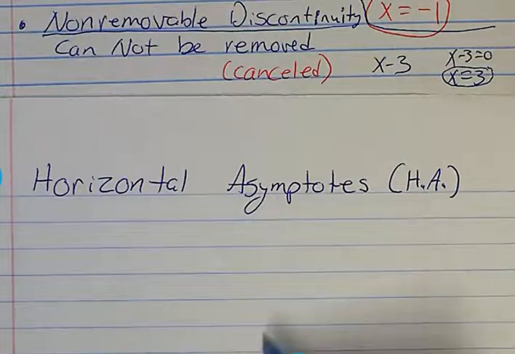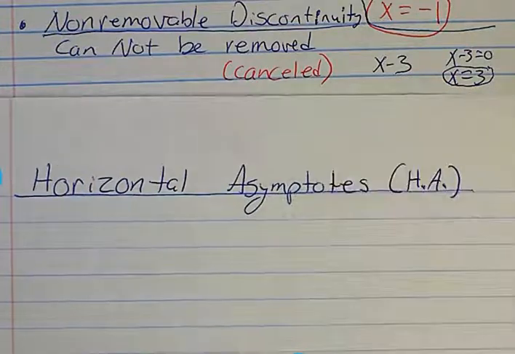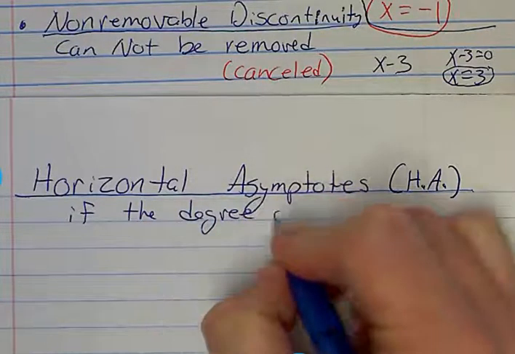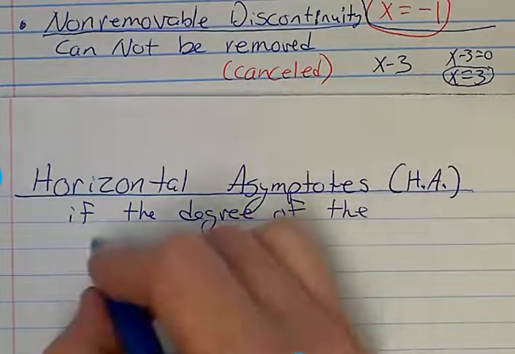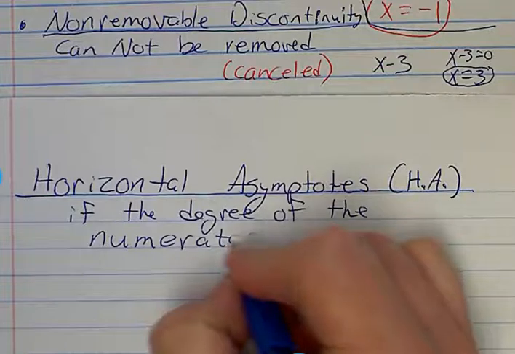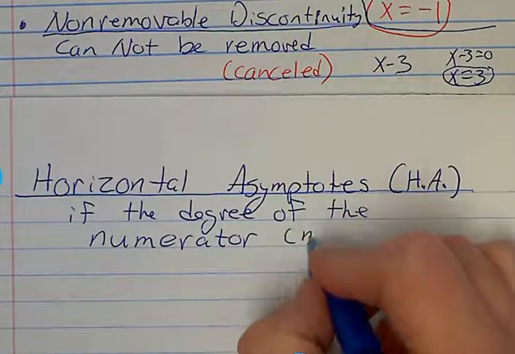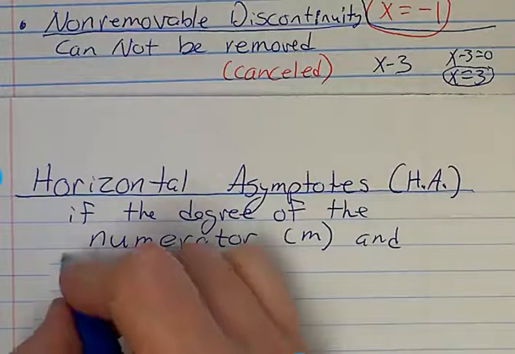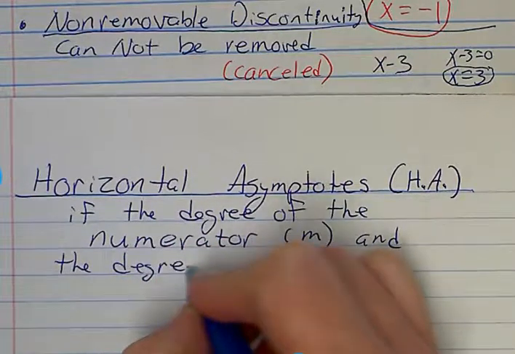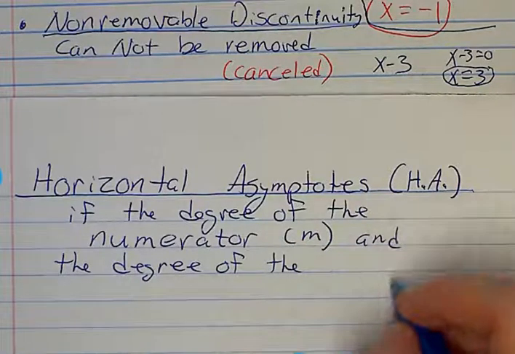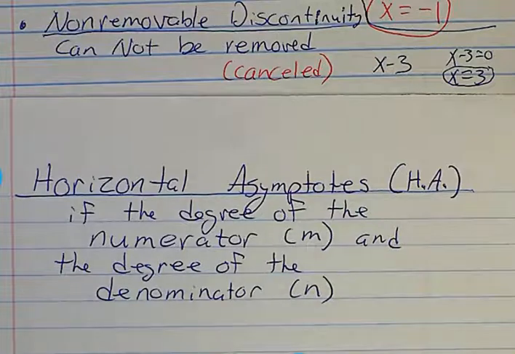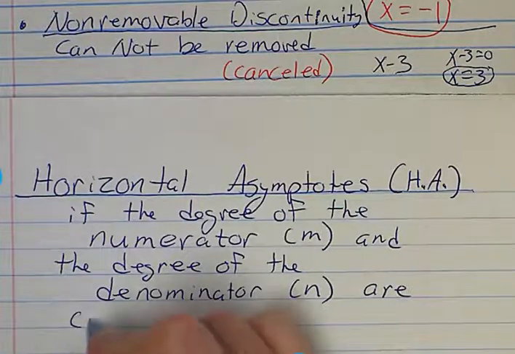But basically, here's the setup for this. If the degree of the numerator, which we're going to call m in this case, and the degree of the denominator, which they're going to call n, here's what you're going to do.